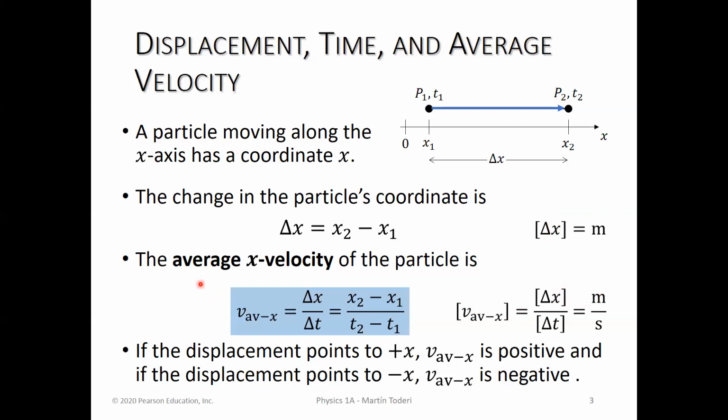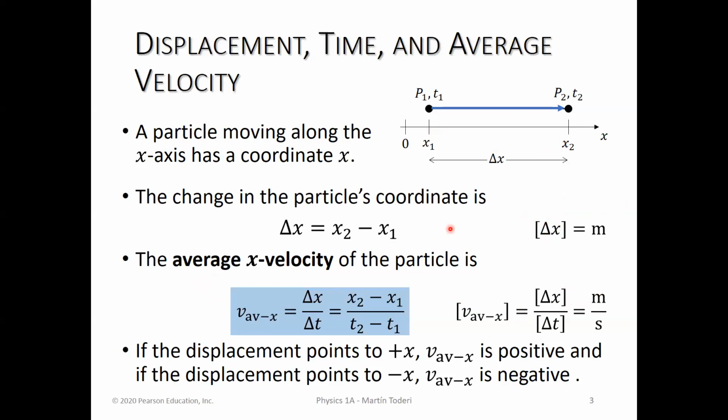Okay, so let's look at this. We can define the average velocity of that particle traveling from x1 to x2. What's the most intuitive way to do it? Speed, velocity, it's the quantity of length being spanned in time.